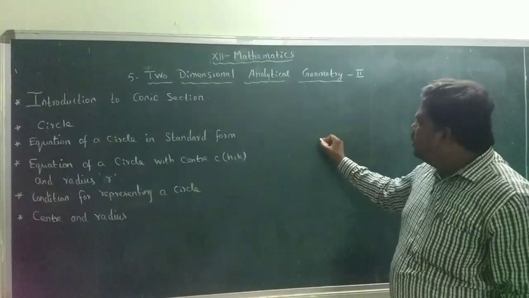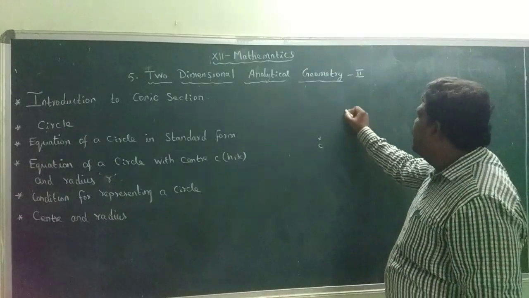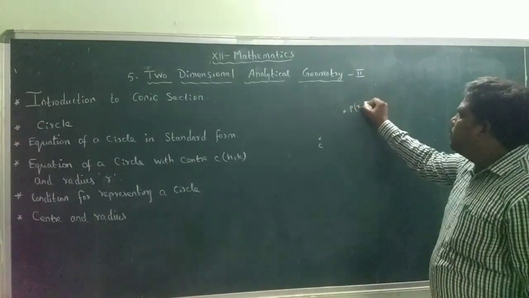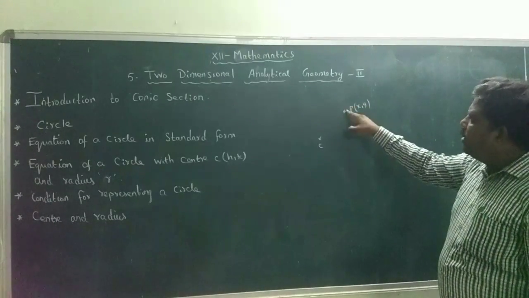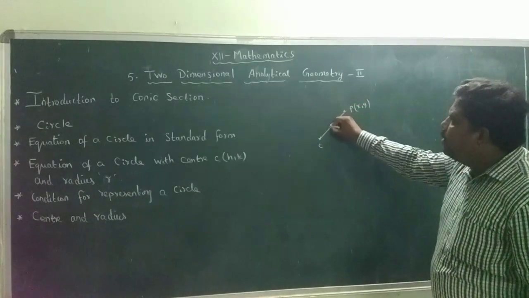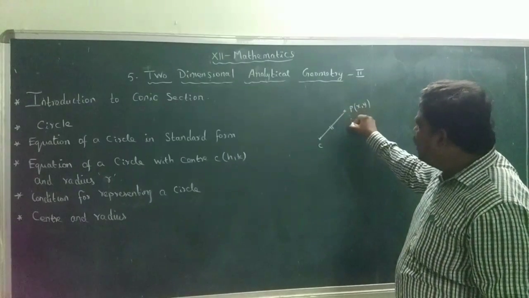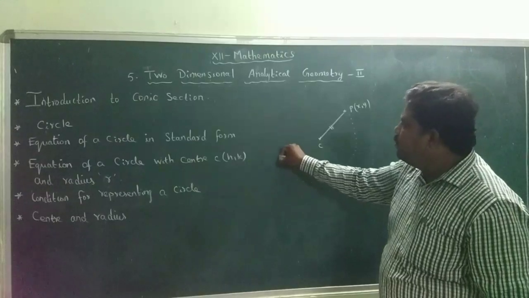For example, here is a fixed point we call the center, and here is a moving point P, which we call (x, y). The point P moves so that its distance from the fixed point is always equal. So the path traced by the moving point under certain condition is called locus.